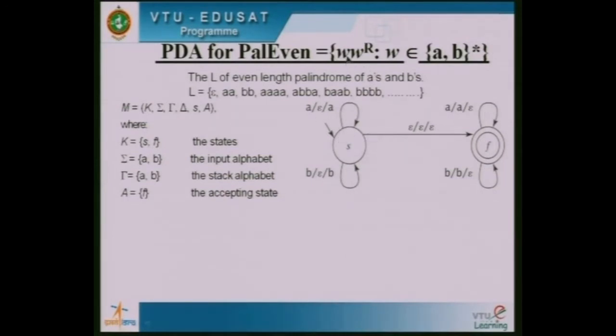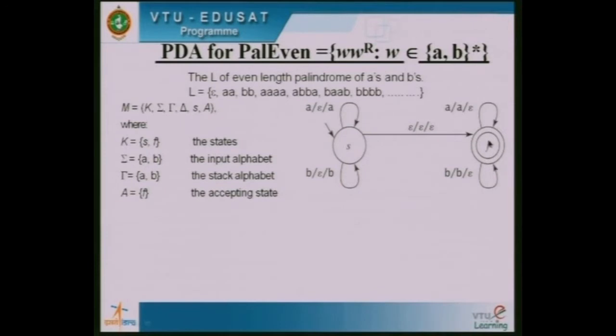Once we come to the end of the string W and the start of the string W raised to R, do not do anything, just move from state S to F with an epsilon transition. This says that here W ends and W raised to R starts.